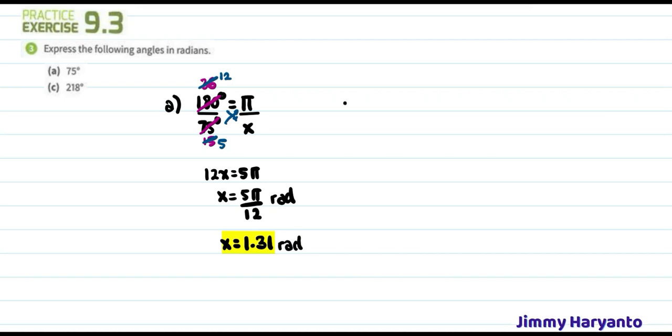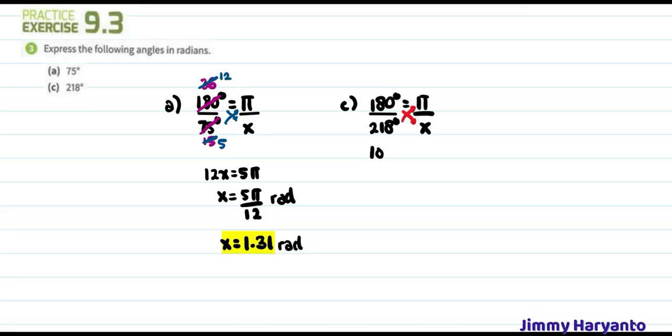Okay, next is C. 180 degrees equals pi, and then over 218 degrees equals x. For this one, let's do the cross multiplication from the start. So you'll have 180x equals 218 pi.